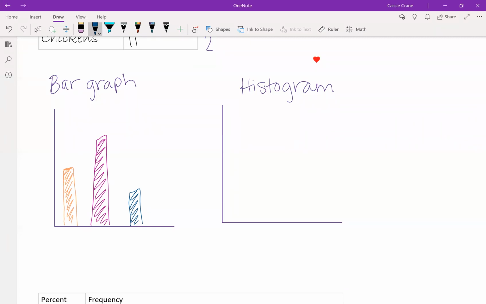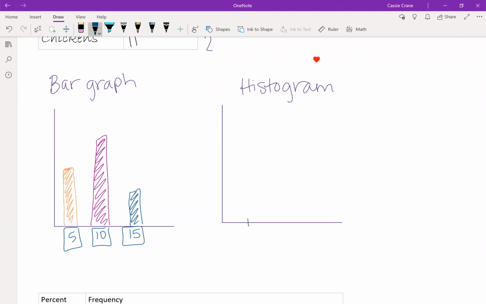So we would have some data markings down here, like maybe this is 5, 10, 15, whatever the data is we're looking at. The difference in a bar graph and a histogram is that we're still going to have bars in our histogram, but they're going to be connected because they're going to be interval ranges on the bottom instead of just a solid numerical value down here. Okay, so instead we're going to have interval ranges.